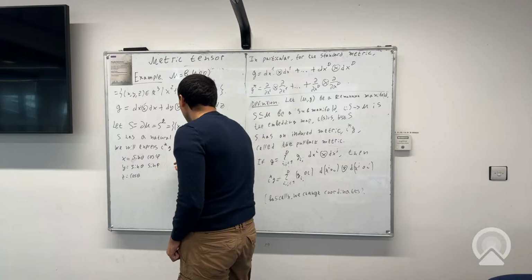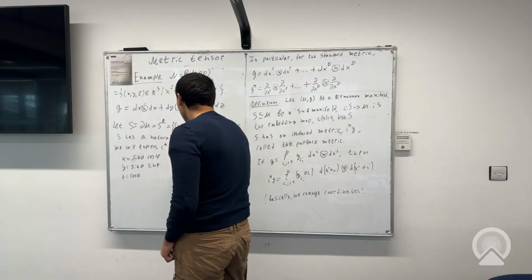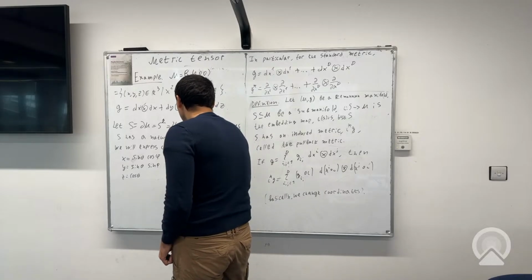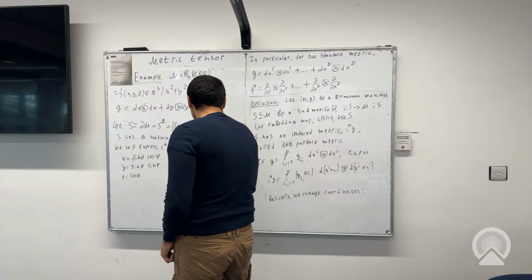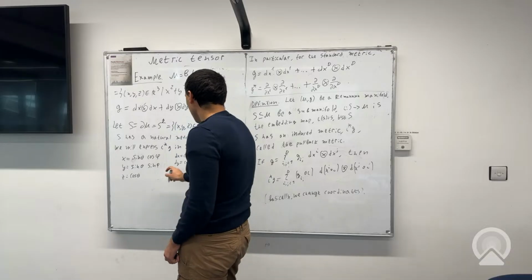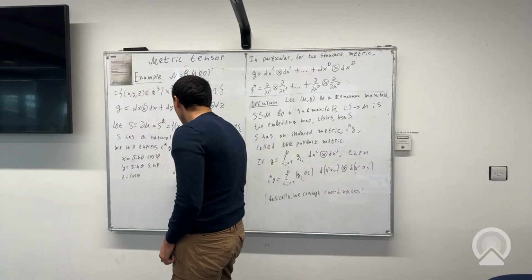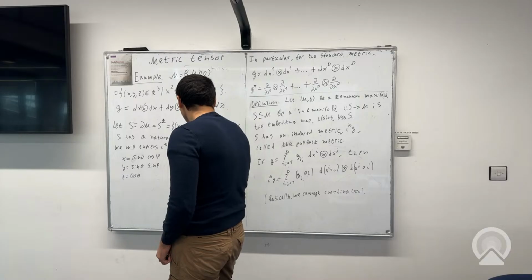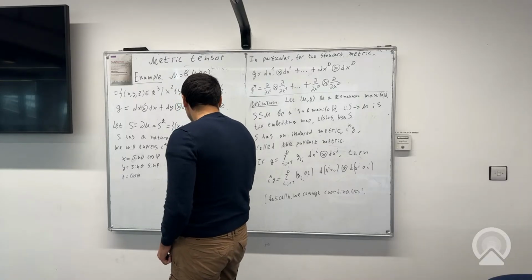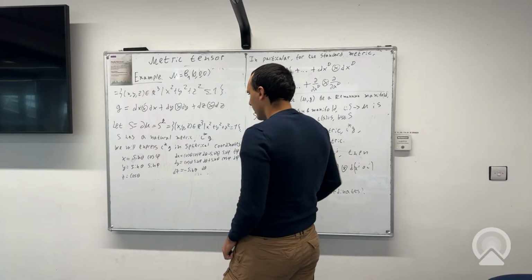For y it is similar, so dy is cosine theta sine phi d theta plus sine theta cosine phi d phi, and dz is minus sine theta d theta, and we don't have d phi.